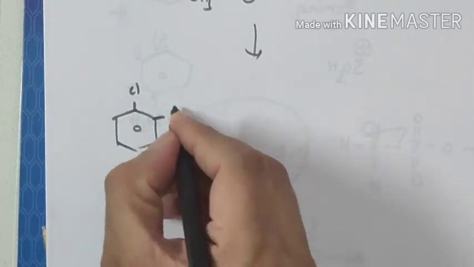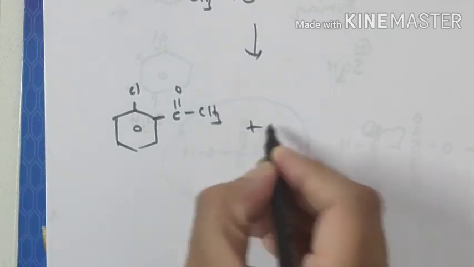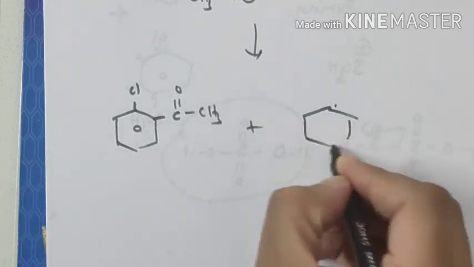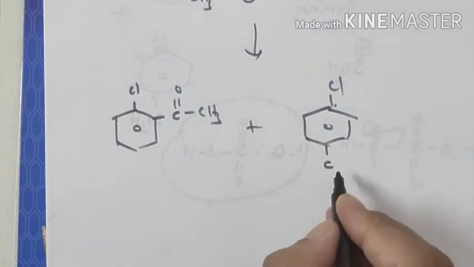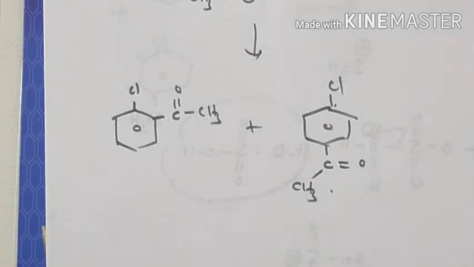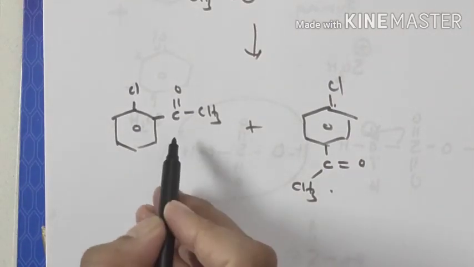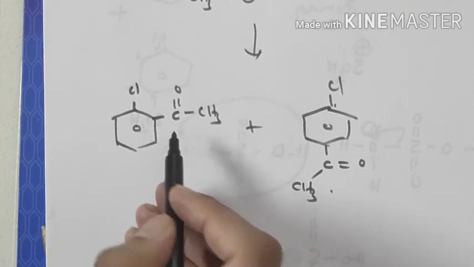So we get two products right here. Cl, C double bond O CH3, this is one. And Cl, C double bond O CH3 at the para position. Now, very important, what will be the name of this, student? Tell me the name. This is called 2-chloro.